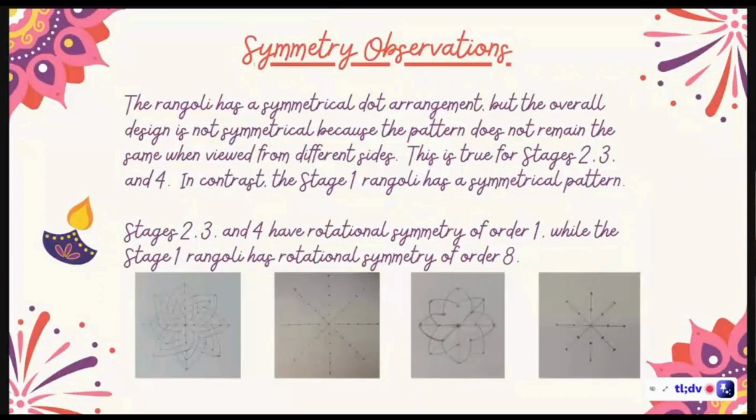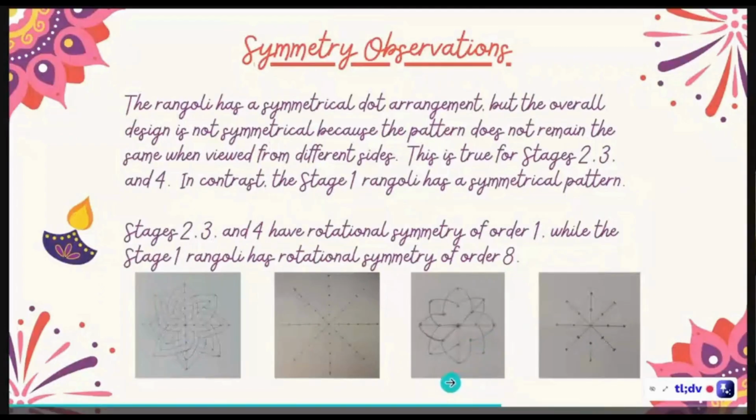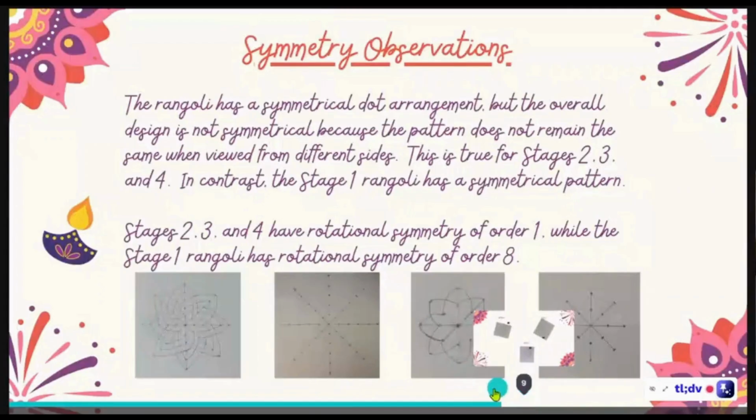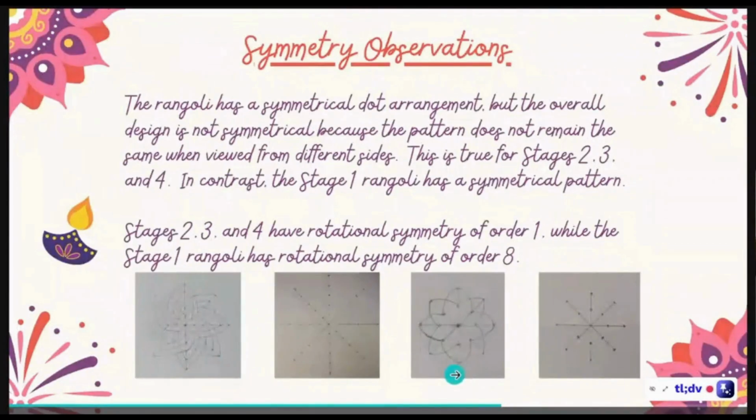So it does not remain symmetrical, and this is only true for stages 2, 3 and 4. In contrast, stage 1 Rangoli has a symmetrical pattern. And for the rotational symmetry, stage 2 and 3 have a rotational symmetry order of 1, while the stage 1 Rangoli has a rotational symmetry order of 8.